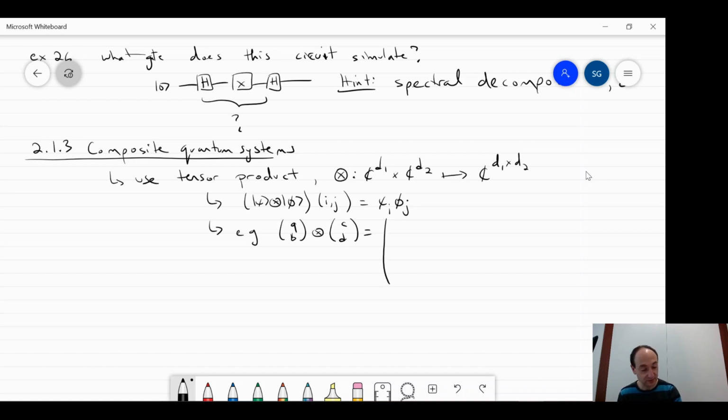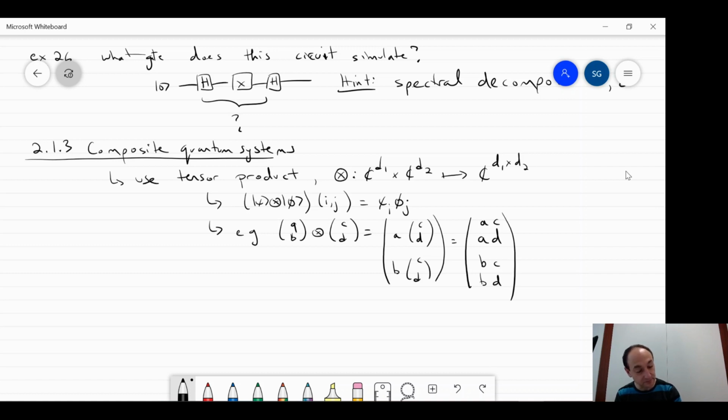It's very simple. You just fix the first component A and multiply this vector: it's A times (C, D) and then B times (C, D). Now let me expand it out. Then you get AC, AD, that's the first copy of (C, D), and now the second copy of (C, D), you get BC, BD. Okay, so that's just the tensor product.